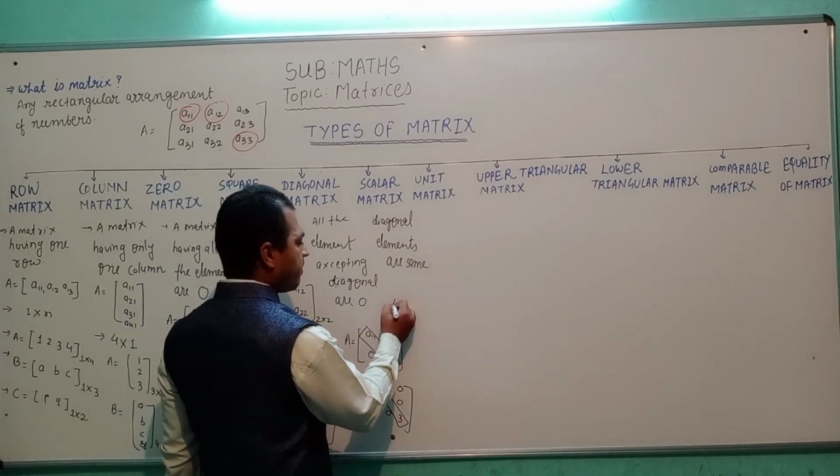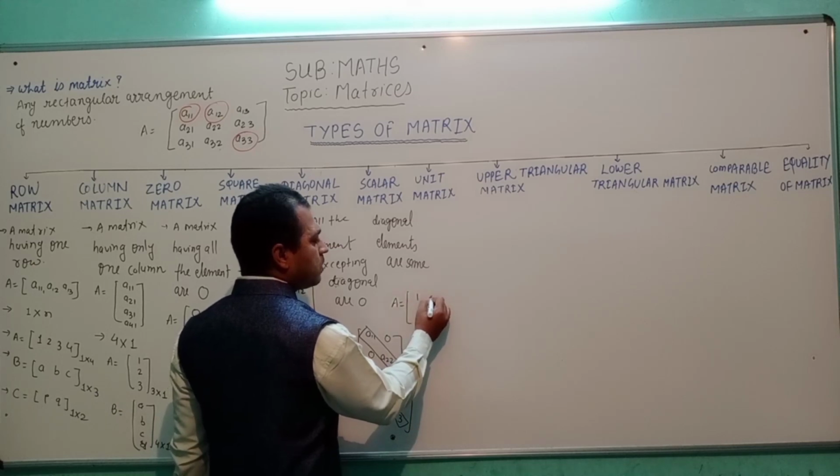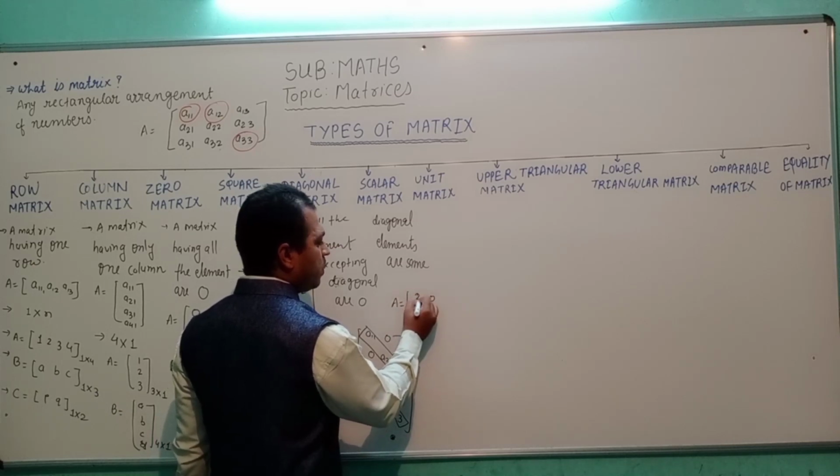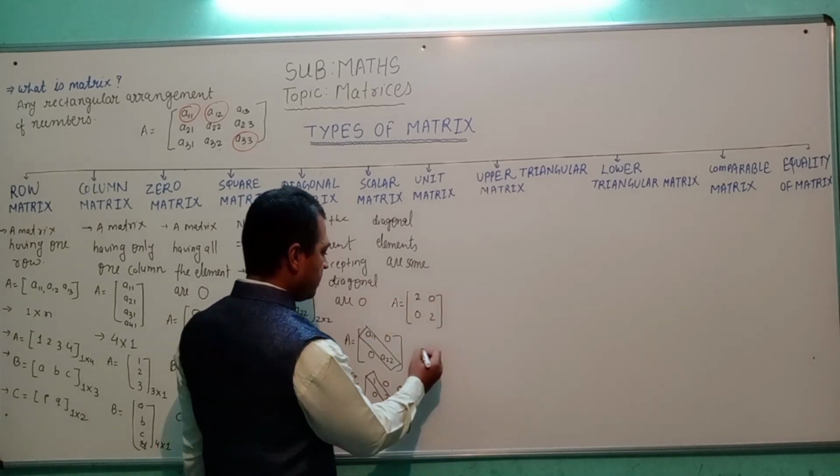Let us see with an example. Suppose A is a matrix with 2, 0, 0, 2. This is a scalar matrix.